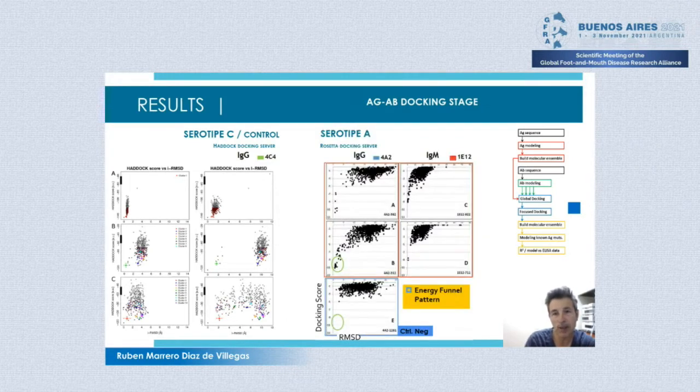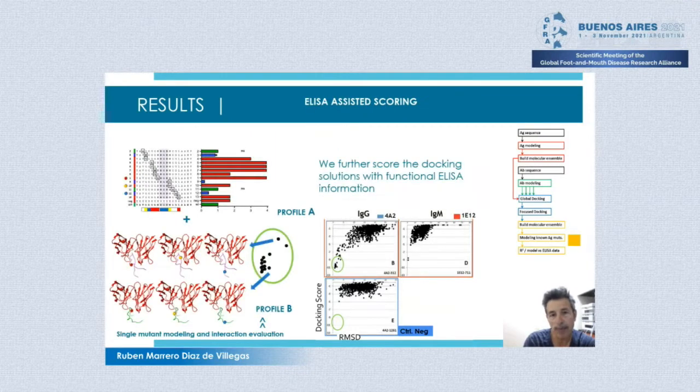Next, we applied those protocols to our antibodies, and again here we can see that we obtained the funnel pattern, the energy funnel pattern solution, but we advanced to ELISA assisted scoring.